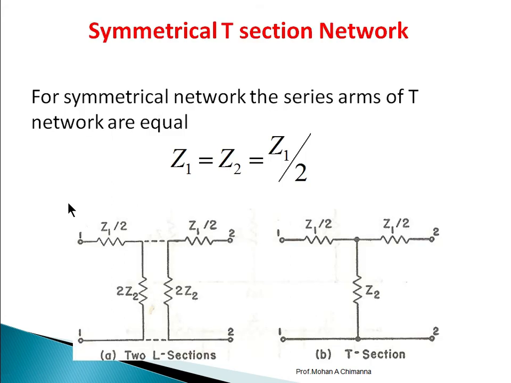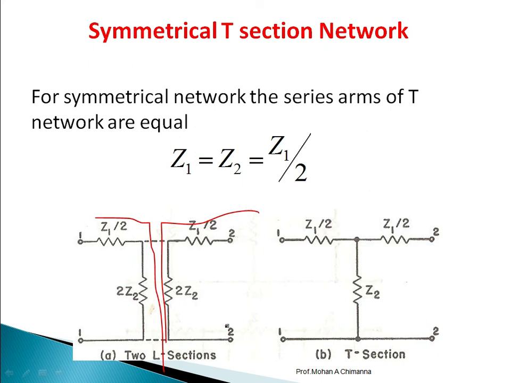Basically the network is classified into two types, as we have seen earlier at the basic preliminary level, the symmetric network in terms of the T network, represented by the L section Z1 by 2. This is one section, and here is another section. So Z1 by 2, Z1 by 2, 2Z2, 2Z2.